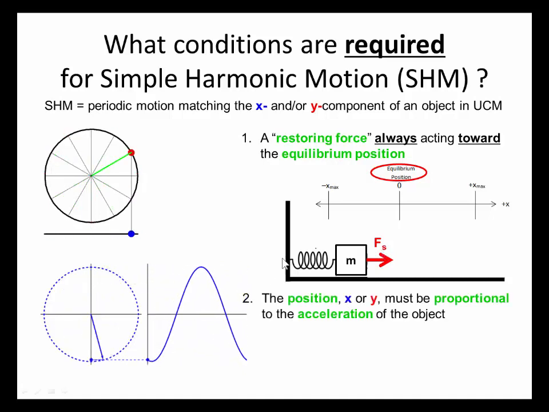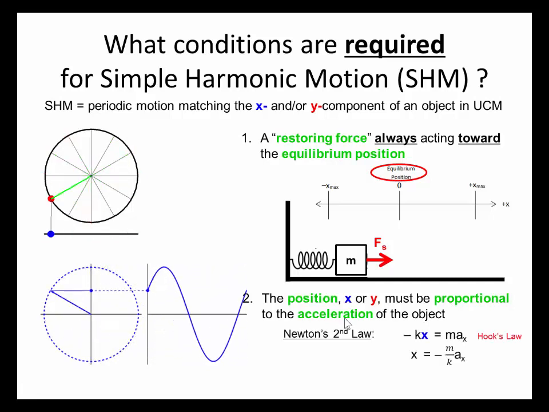The second thing that has to happen is that our position, our x or y position for our system, and this is an x system, must be proportional to the acceleration of the object. And we find that out by applying Newton's second law and seeing what happens to the forces. As you recall, we used Hooke's law, and that was our net force acting on the system. And we set that equal to, in Newton's second law, mass times acceleration.